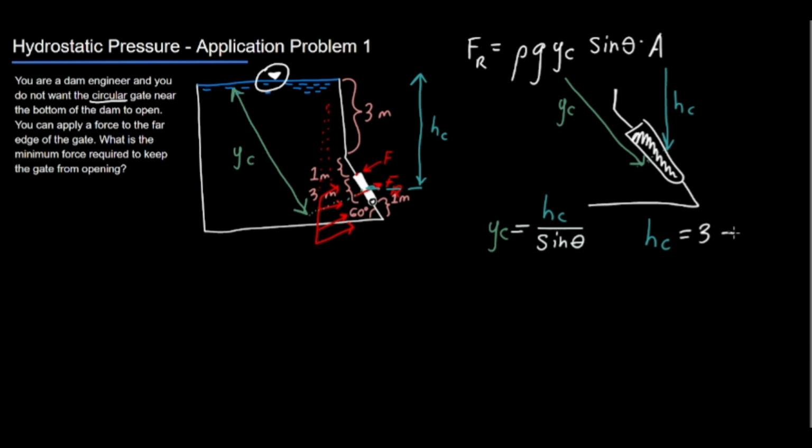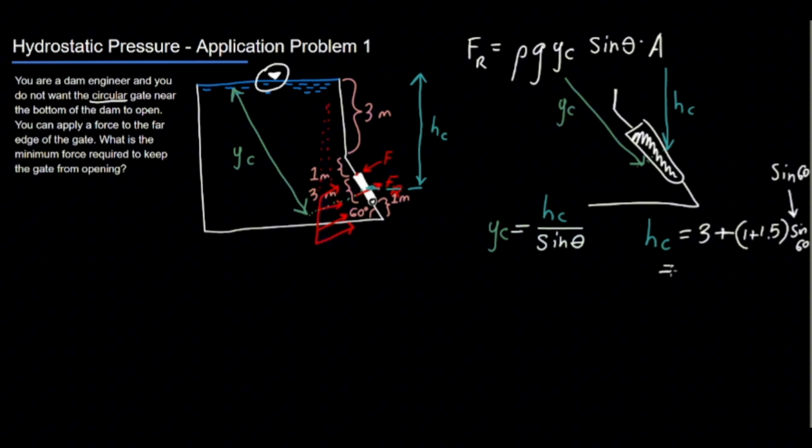So it'll be 3 plus 1 plus 1.5. And all of that is over sine 60. That's what that is.